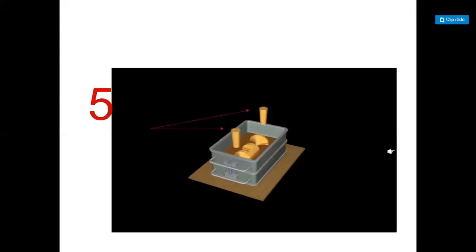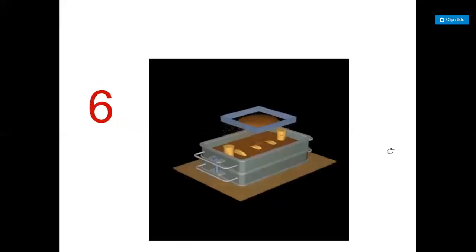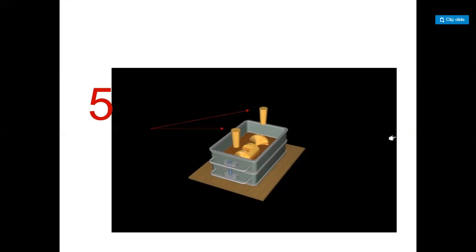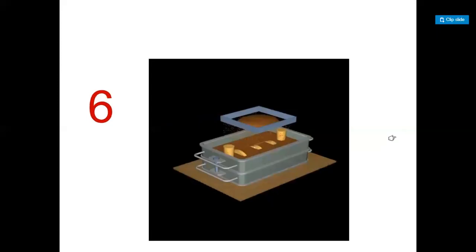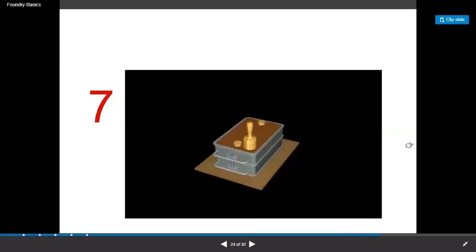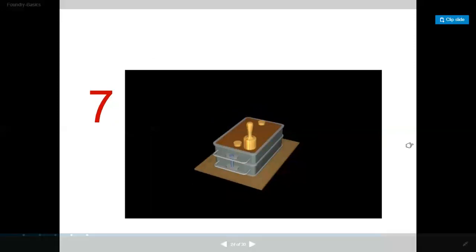The riser and pouring basin are placed on the boxes. The pattern is placed in step 5. After the pattern is placed, he places the pouring basin and riser, fills sand, and rams it.